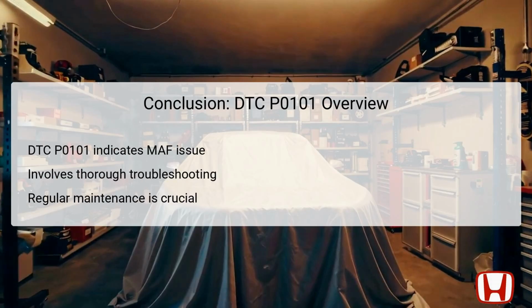In conclusion, DTC P0101 signifies a problem with the MAF sensor circuit, often resulting in decreased engine performance and fuel efficiency. Addressing this issue involves a structured approach, focusing on the condition of various related components before pinpointing the MAF sensor itself.